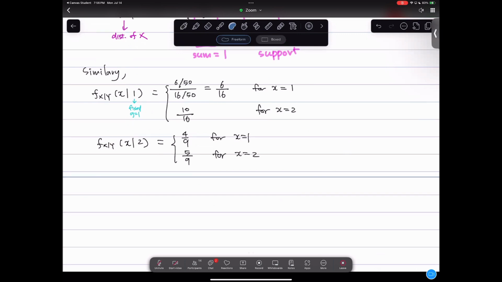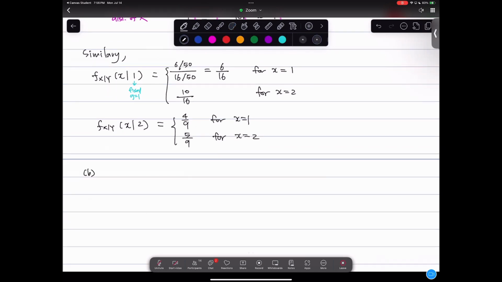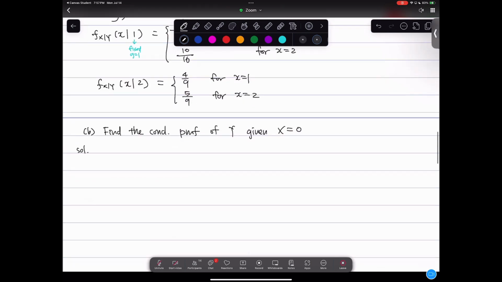But good so far. So now let's switch. Now I'm going to go back to the other way around. Let's find the conditional PMF of y given x equals to 0. All right, so my conditional PMF of y, that is y given x. We want that.